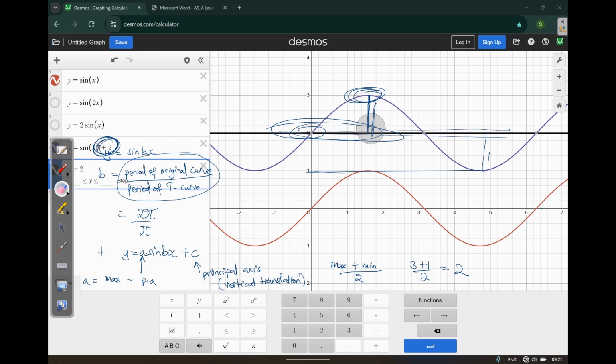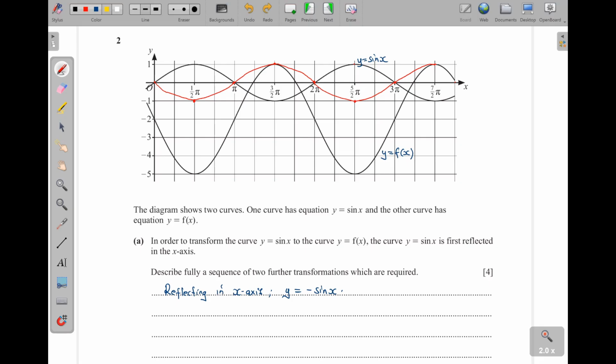Okay, now let's go back to what we are given. Now look at the transformed curve. Let's look at its amplitude.